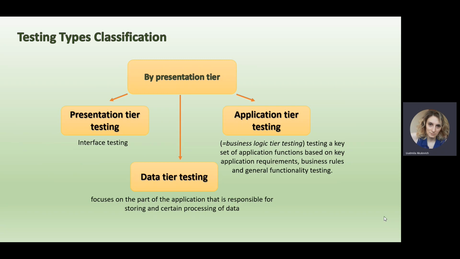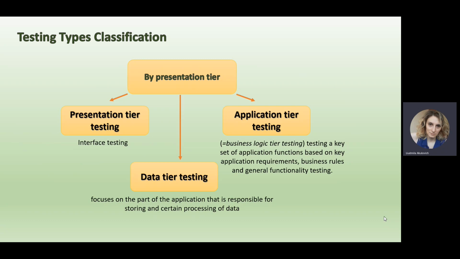Actually, to test the application tier properly, you should have at least some knowledge of how this back-end layer works. Data tier testing, the last type here, focuses on the part of the application that is responsible for storage and certain processing of data, usually in a database.